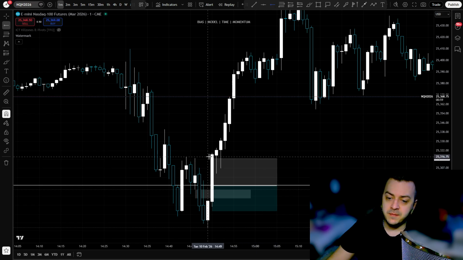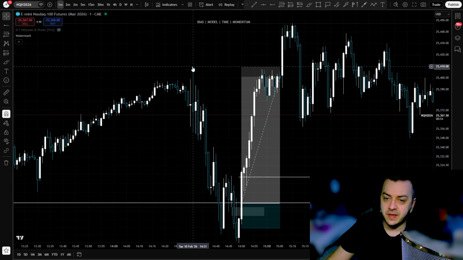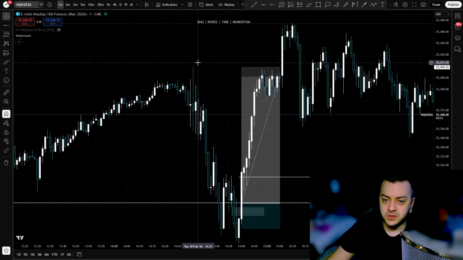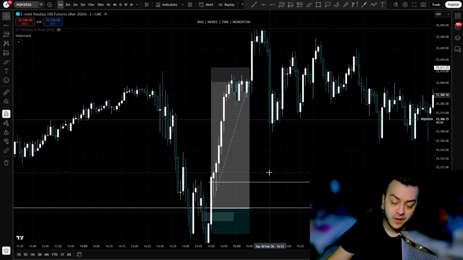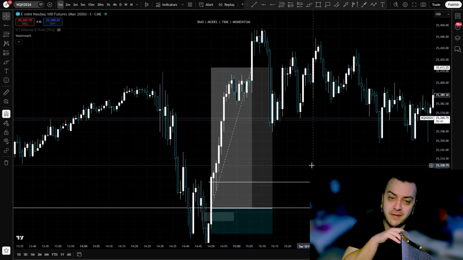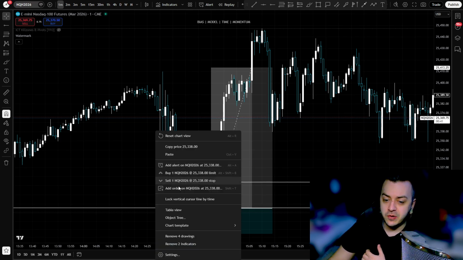Hit the 1-for-1 here, took half off, went break even, and then just held for basically the 9 AM high, which is a really obvious area to target. You can see that would have worked perfectly for 5-to-1. So I made about $500-ish on this trade after losing $200 on the first.